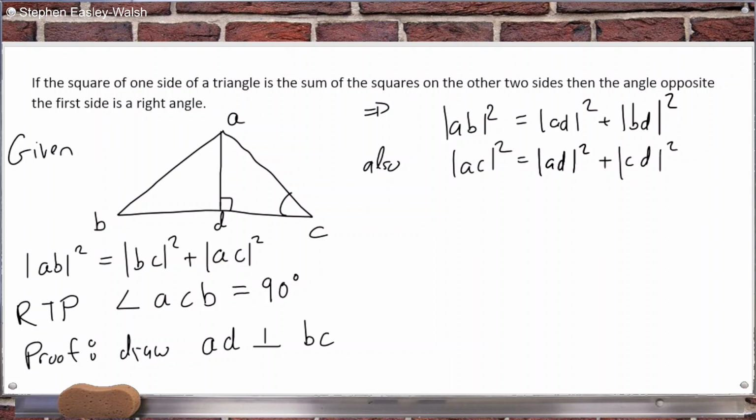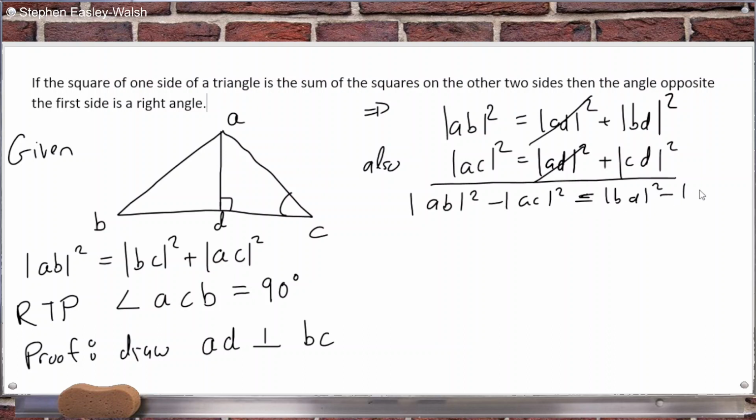Okay, now what's the next move? Okay, so if I subtract these, they would cancel, and I would get AB squared minus AC squared equals BD squared minus CD squared.